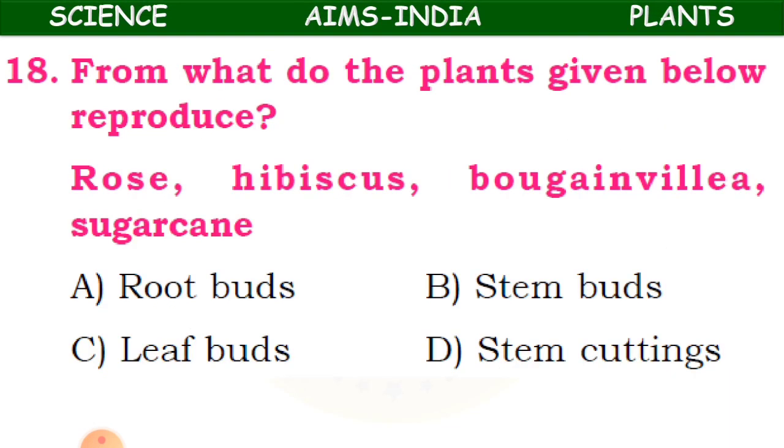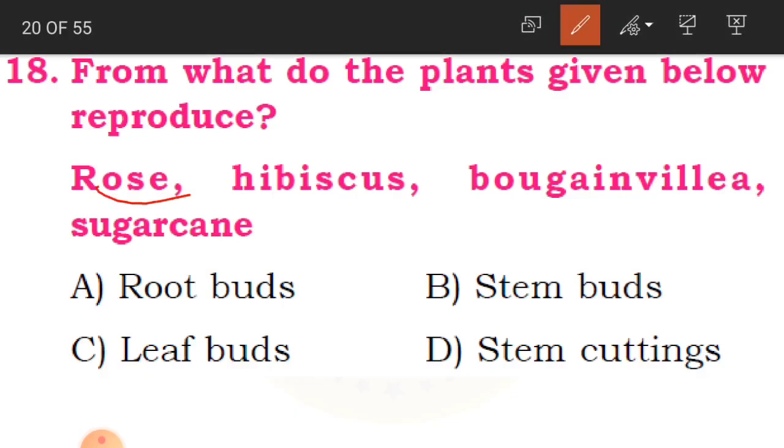Now we'll move on to the 18th question. From what do the plants given below reproduce? Here you have some plants, children, like rose, hibiscus, bougainvillea, sugarcane. These are some flower plants and this is sugarcane which we eat. And these plants reproduce by what?